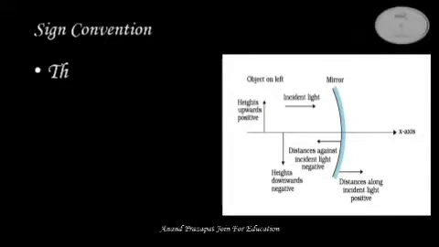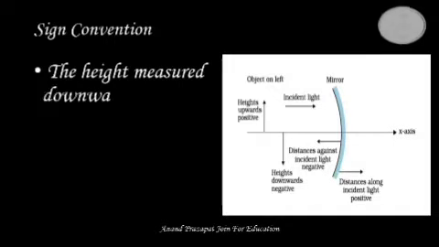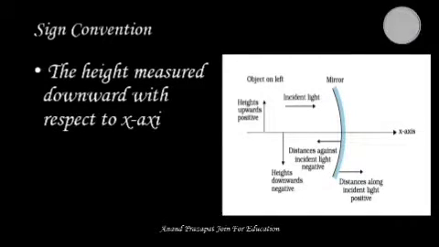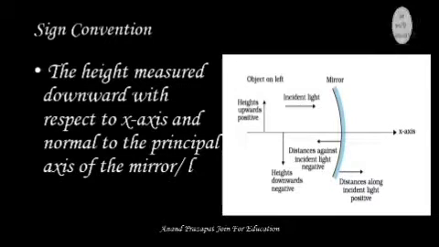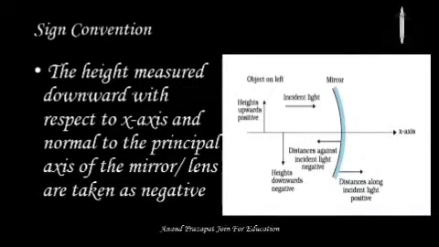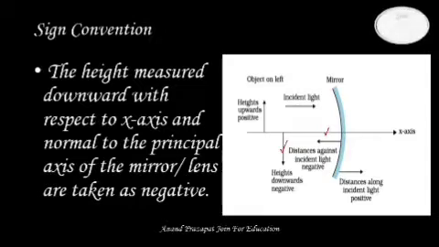The height measured downward with respect to the x-axis and normal to the principal axis of the mirror or lens is taken as negative. So this distance is negative.